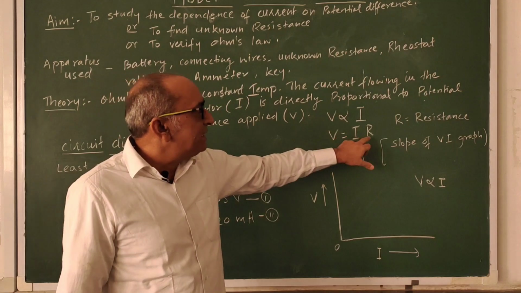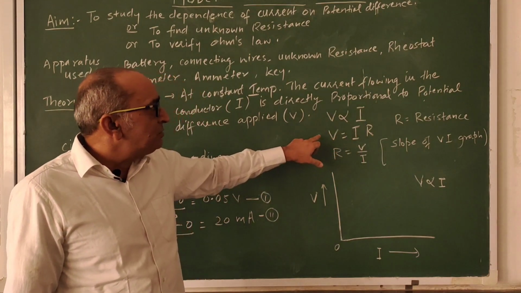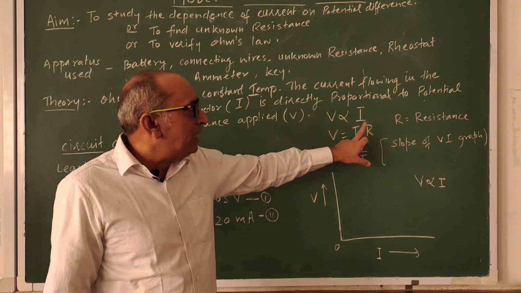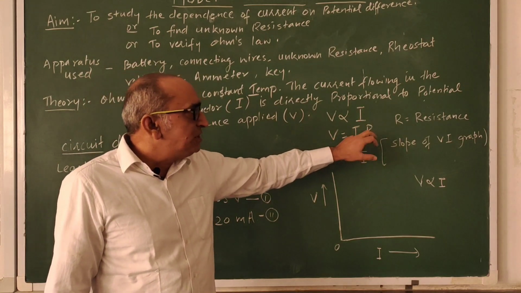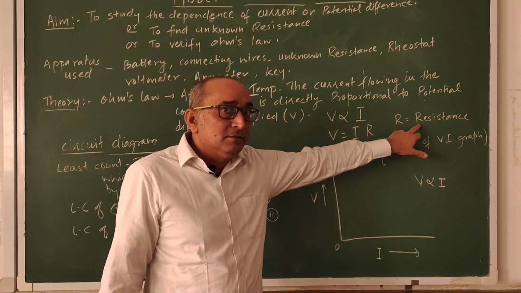Here, the constant is R. So this relation becomes V is equal to IR. This R, which is a constant, stands for resistance.